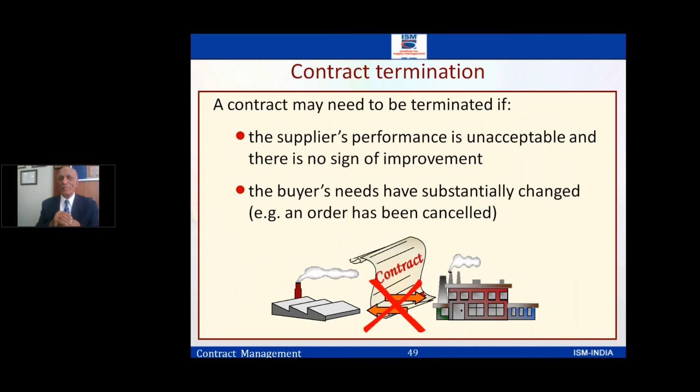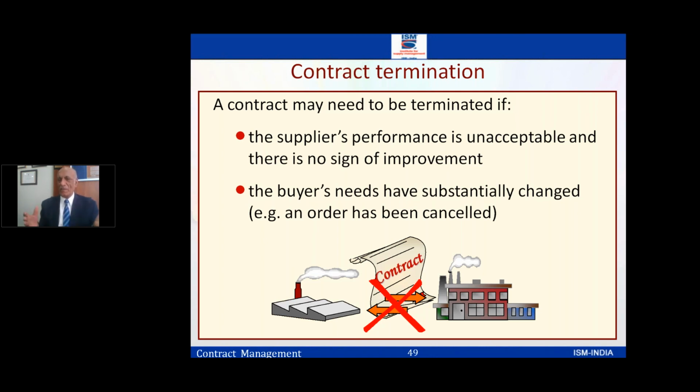Next comes, sometimes you get fed up. The contract is frustrated. There are two ways to terminate. One is the job has been done fully, or the supplier performance is unacceptable, you give them time, but again there are no improvements. And the buyer's needs have substantially changed also. We have placed the order, but now our requirements have changed enormously.